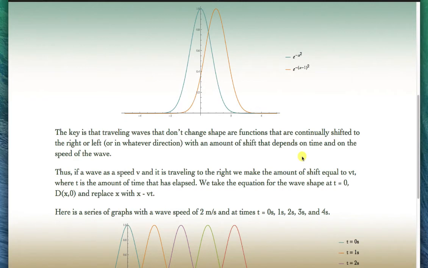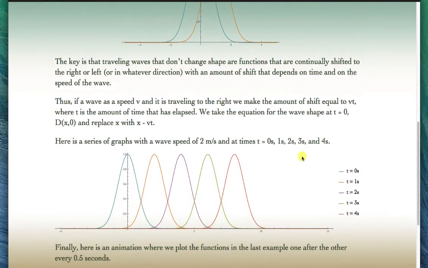So the key then to making a traveling wave is to make that shift a function of time. And so the amount of shift that you're going to have depends on the time as well as the velocity of the wave. So we're going to set that shift, the amount of shift d, equal to the velocity times the time, because that's the distance the wave will have moved in some time t.